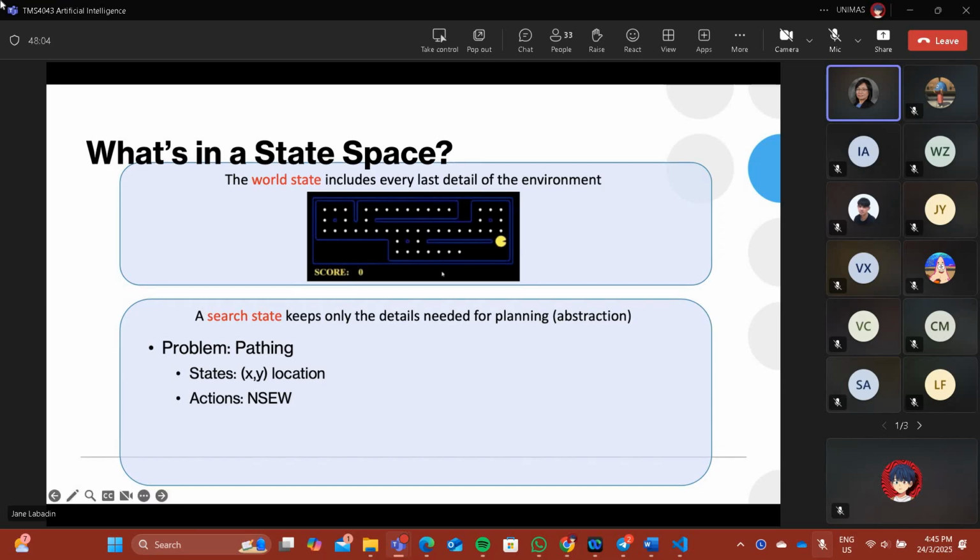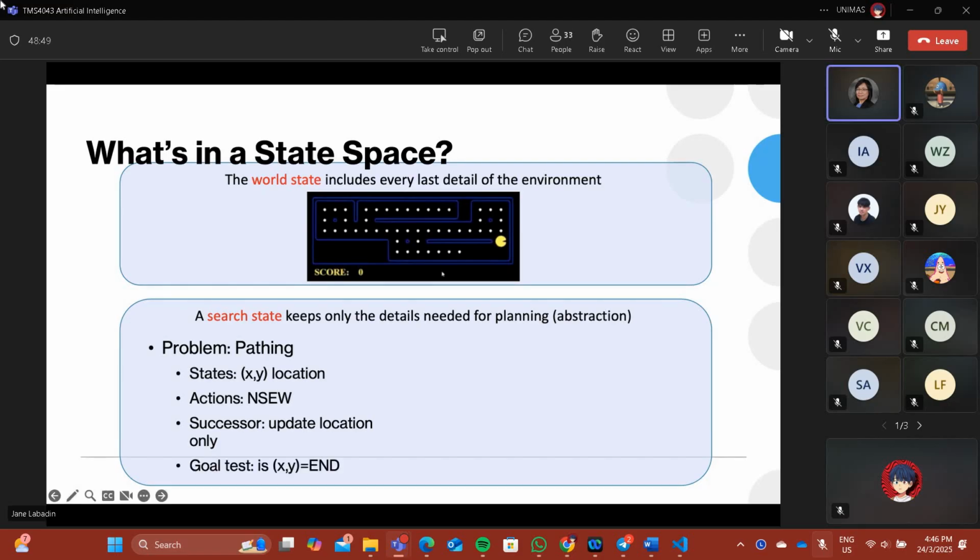Since we are using the Pac-Man environment, if your problem is on the path that you are taking, the state would be your location in the environment. Then your action would be to move north, south, east, or west. And your successor function would be, as you take the action, you update your location, right? That's your successor function.